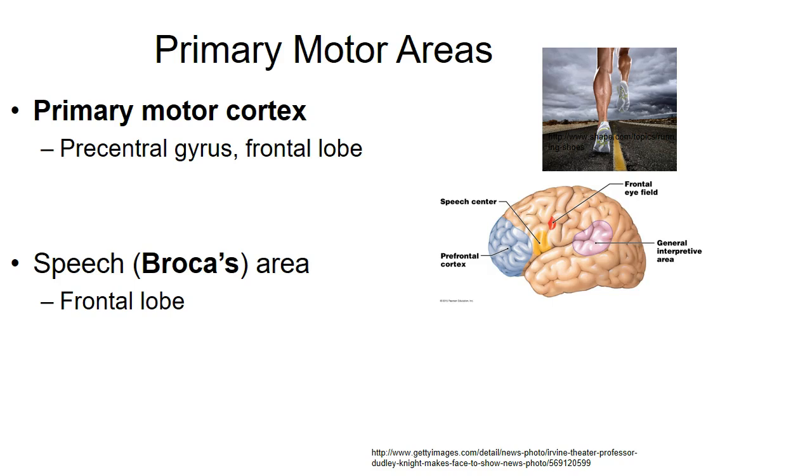The primary motor cortex is going to be the precentral gyrus. The central sulcus separates what happens with the motor from what happens with the sensory. Sensory is going to be in the parietal lobe, the motor is going to be in the frontal lobe. So we started our intent with the motor association area, and that information got passed on to the primary motor cortex, which is located in the precentral gyrus.